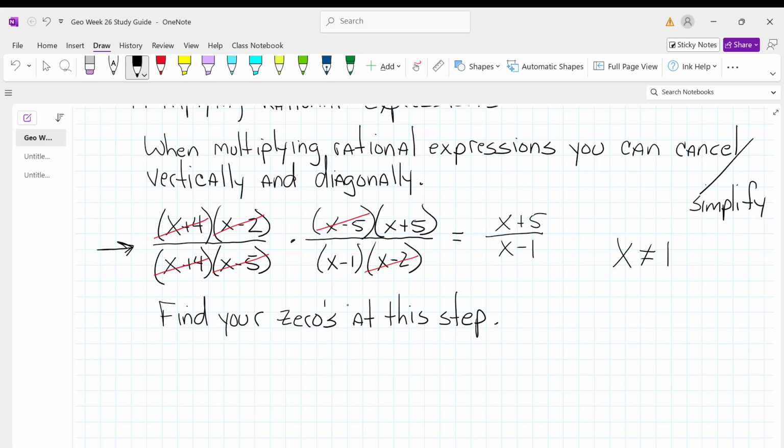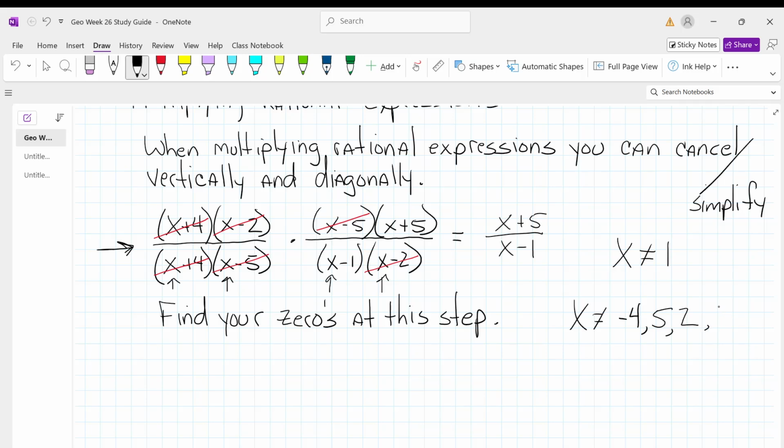All right, x cannot be equal to this negative 4 right here. X can't be equal to positive 5 right here. Here's the positive 1 that it can't be equal to, and x cannot be equal to positive 2 right here.